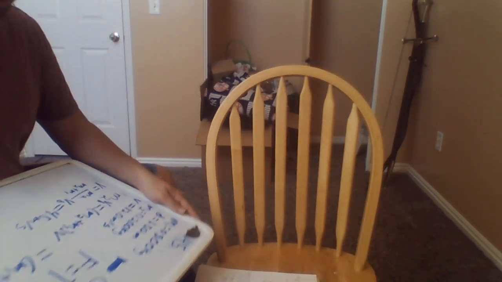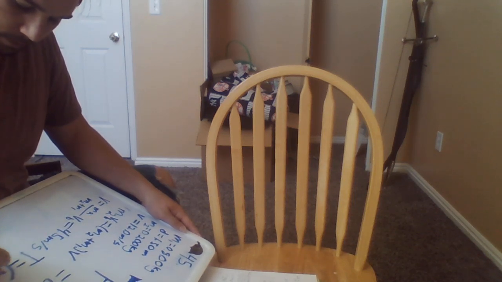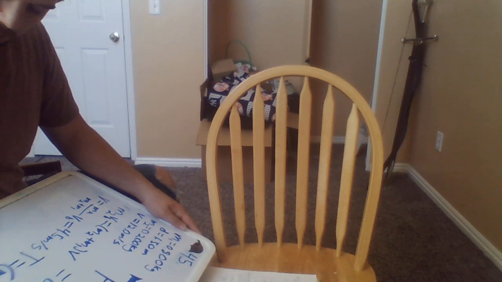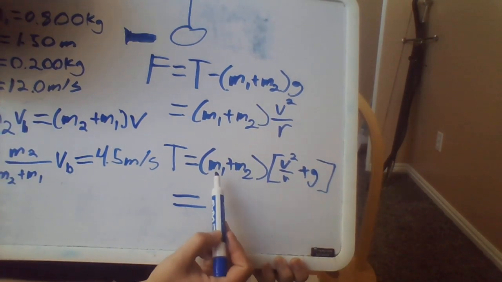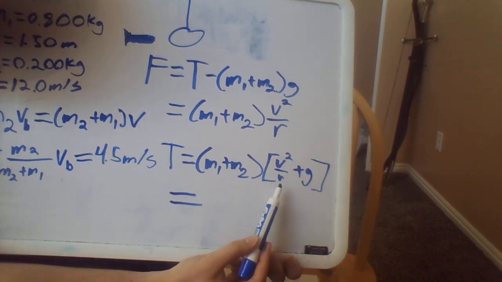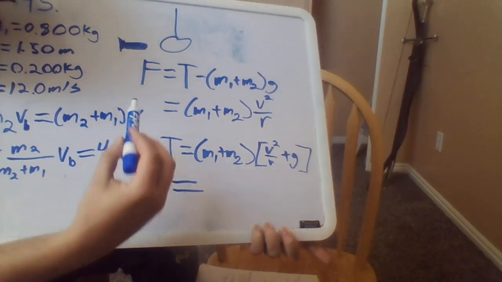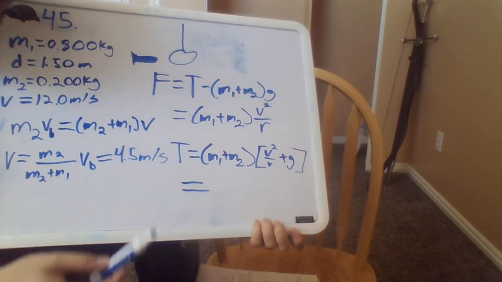To get the equation for tension, tension equals the mass of both objects times v squared over r plus g. So the mass of both objects added together times v squared over r plus g, and we're given everything we need now that we have figured out the velocity.